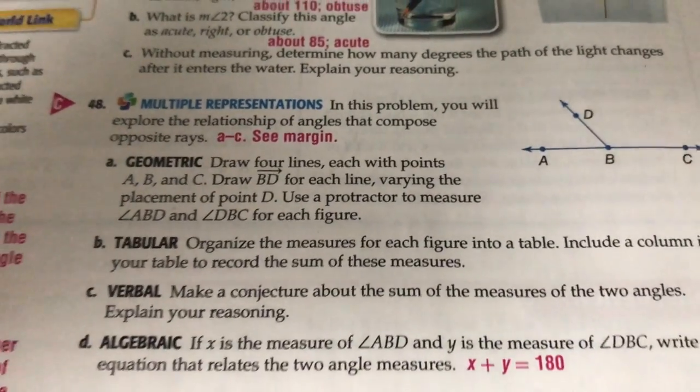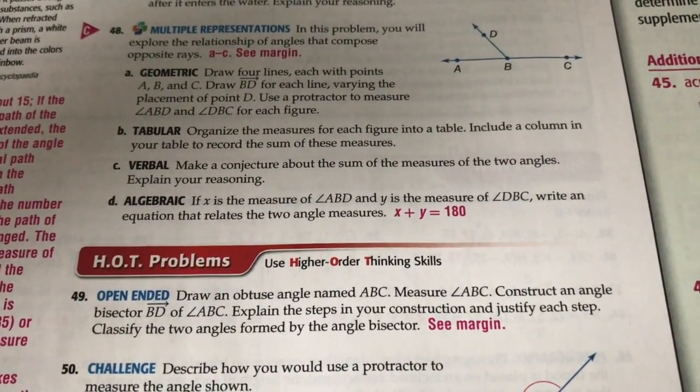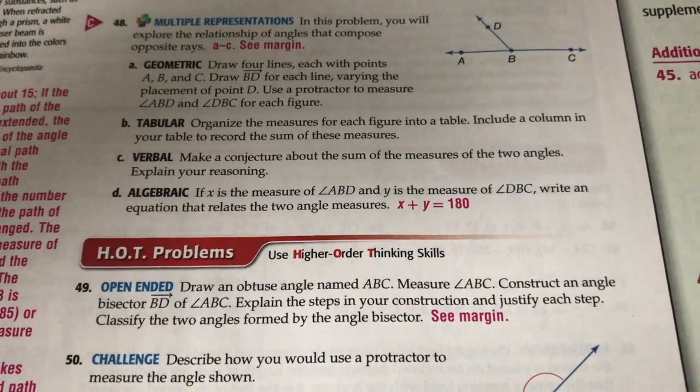So 49 is saying, draw an obtuse angle named ABC. Construct an angle bisector BD of ABC.